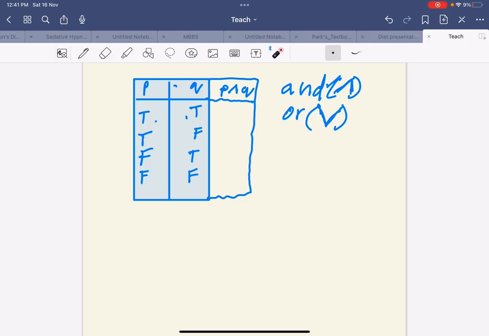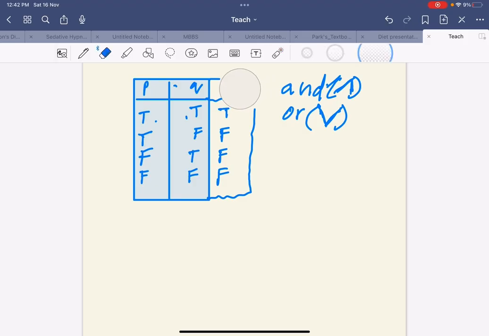Otherwise, if A is true and B is false, then the answer is false. So both should be true, that is and conjunction. So in this case, it's both true and thus we write true. Here it's not both true, it's one is true and one is false, so it's false. One is false and true, false. False and false, false. So the only scenario where it's both true is the first one, and in that the answer is true.